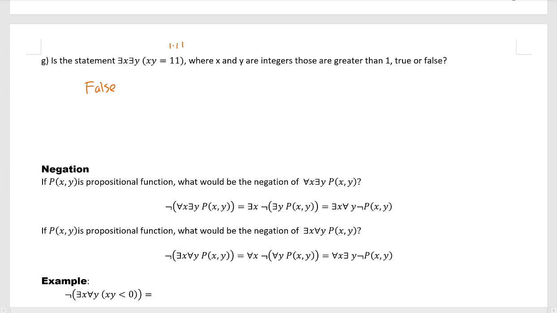So how do we show it is false? Because this is an existential quantifier, we have to show that no numbers greater than 1 work. So we can say like this: the positive integer divisors of 11 are 1 and 11. And we know this guy is a prime number. Okay? And this is greater than 1, but this guy is not greater than 1.